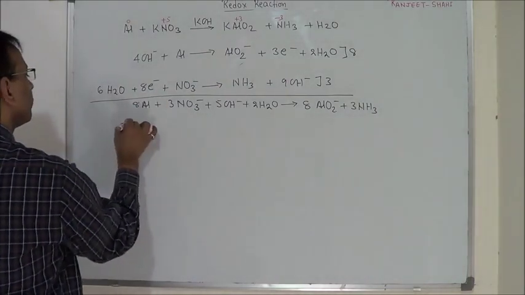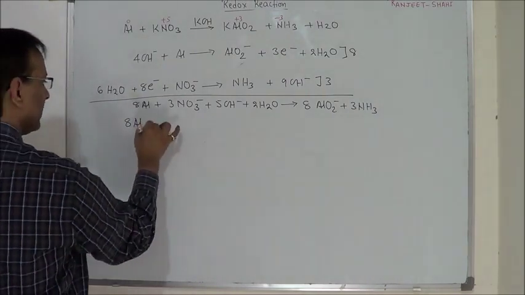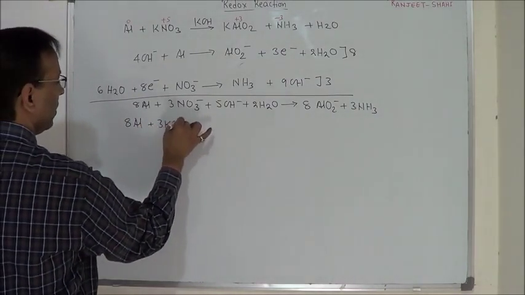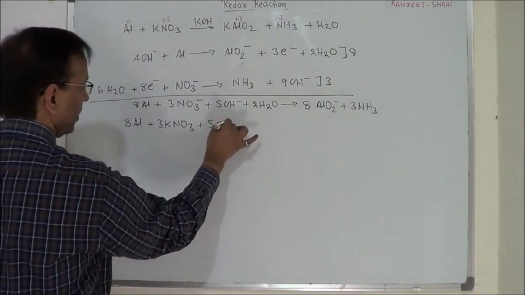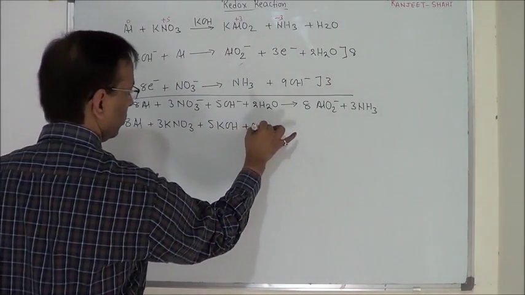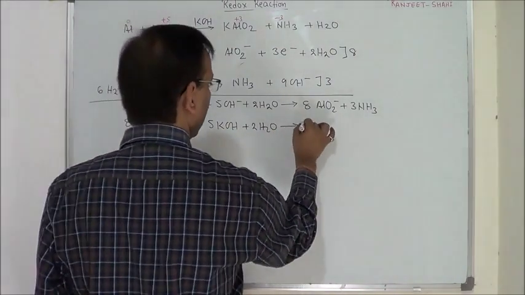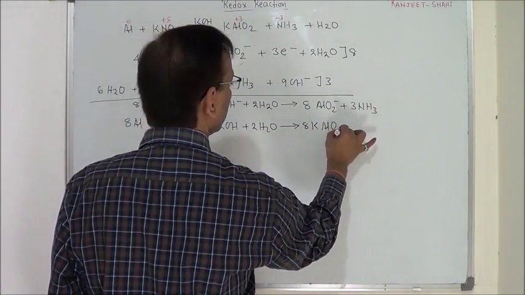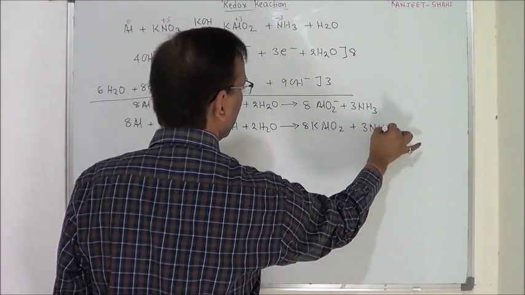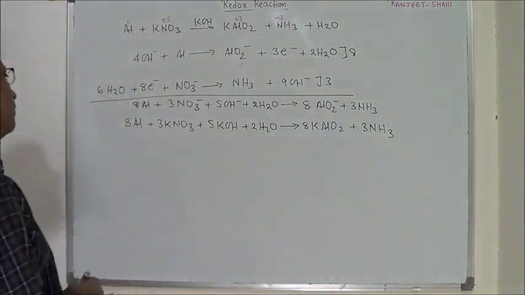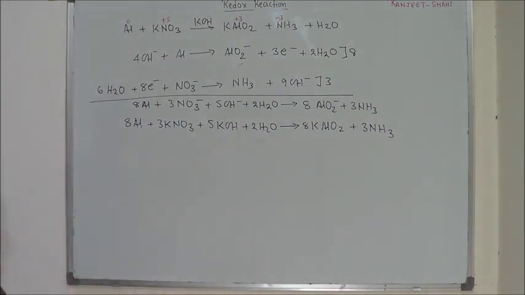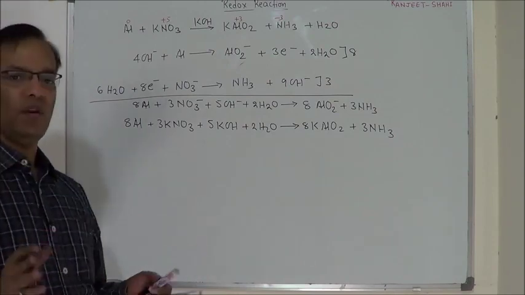So 8 aluminum plus 3 KNO3 plus 5 KOH plus 2 H2O will give 8 KAlO2 plus 3 ammonia, and now it is balanced. 8 aluminum, 3 nitrogen, hydrogen and oxygens are all balanced. So that is how we balance a redox reaction in basic medium.